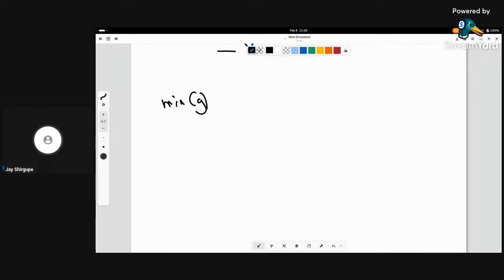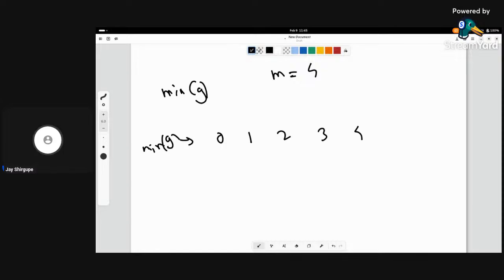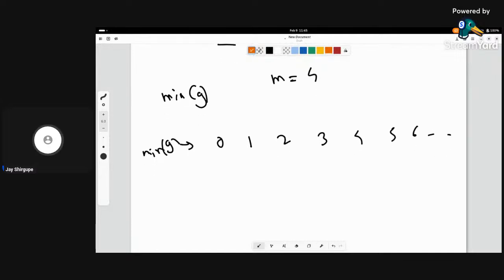Let's just say that you are given 4 moves. What are the possible values of minimum of G? Either G remains 0, or it goes up to 1, up to 2, up to 3, up to 4, 5, 6, and so on. What you see in such cases is whether this is monotonic.